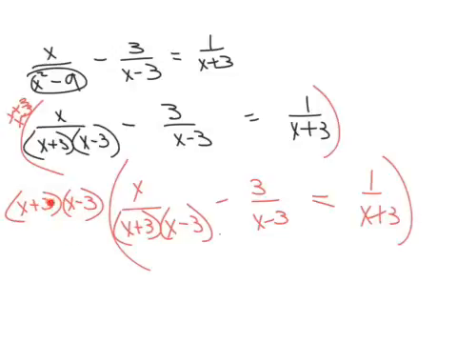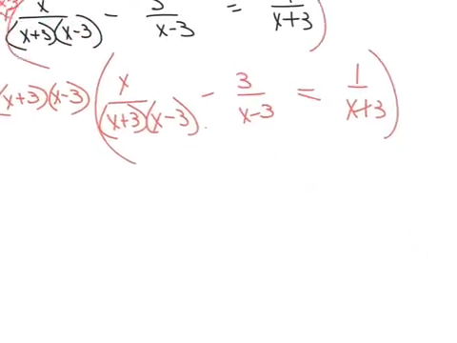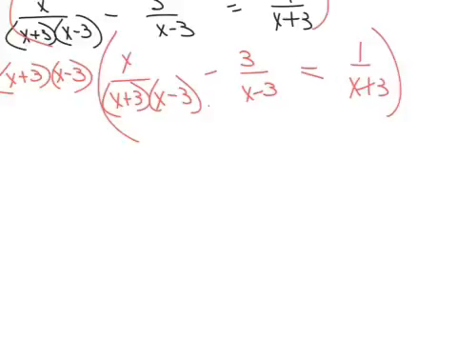So I'm going to distribute this whole thing to this, and to this. Alright, watch what happens when I do that. I'm going to make my pen smaller so I can write smaller. Okay, so see how I'm distributing it there.